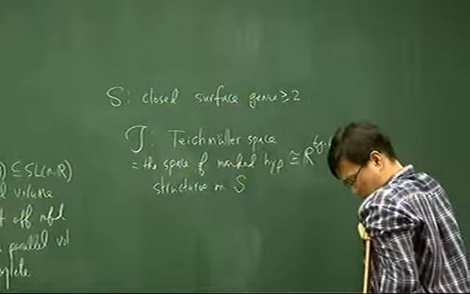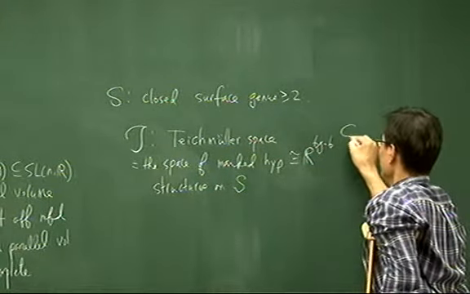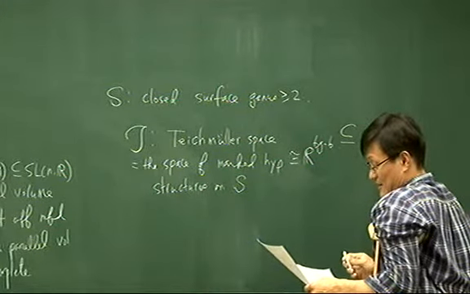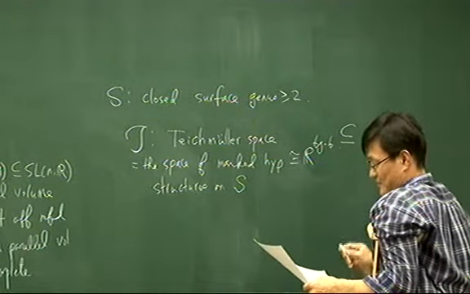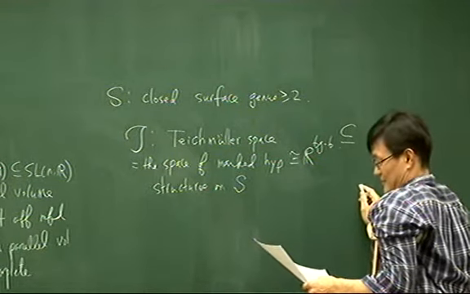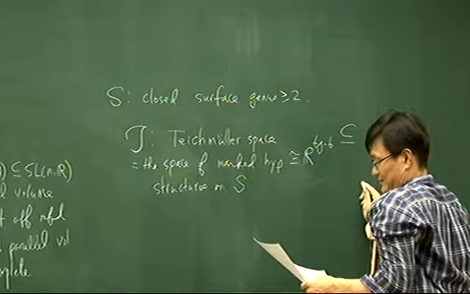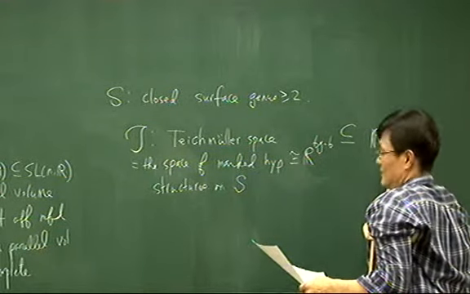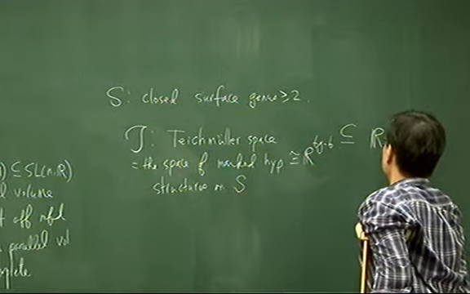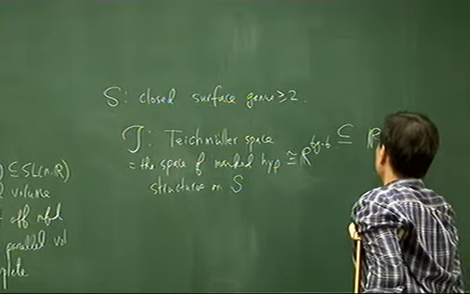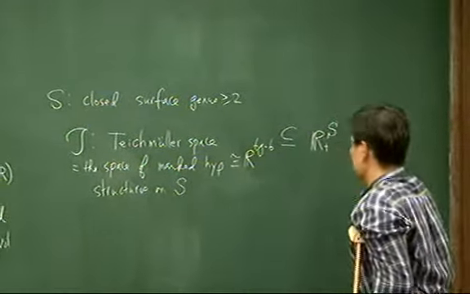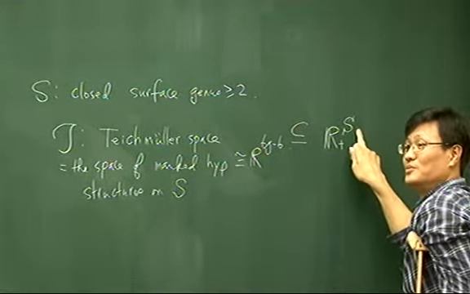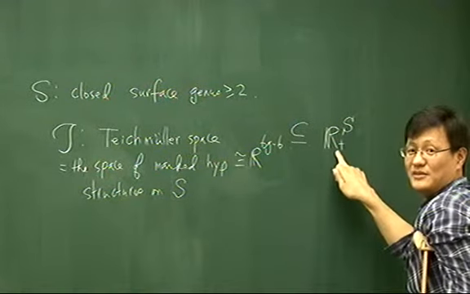Let's say maybe this guy is included in R plus S. So this is a set of functions from closed loops to positive numbers.